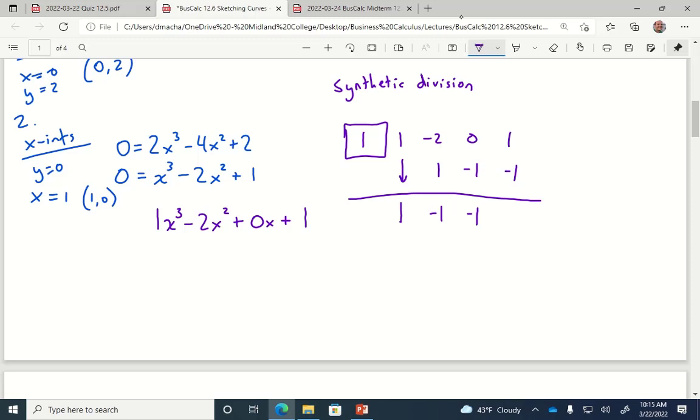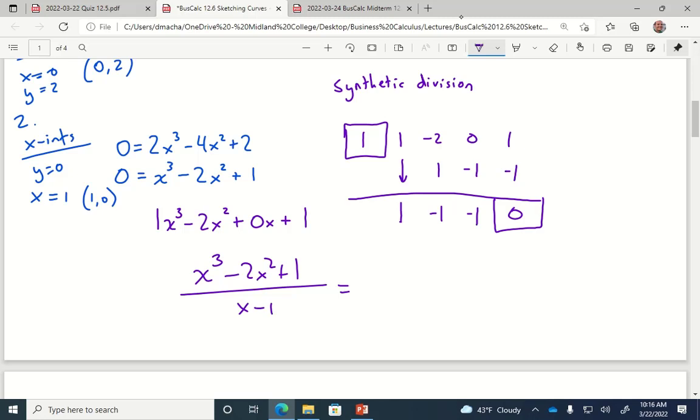And 1 plus -1 is 0. That last number that you write is the remainder of your polynomial after you divide by x minus your root, so x minus 1. If I were to take x cubed minus 2x squared plus 1 and then divide it by x minus 1, what I'm going to get is this right here.